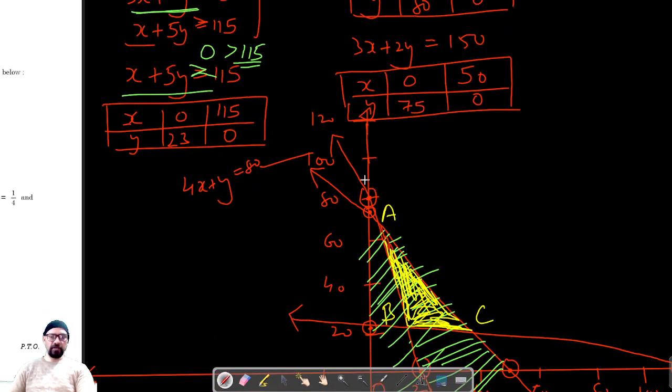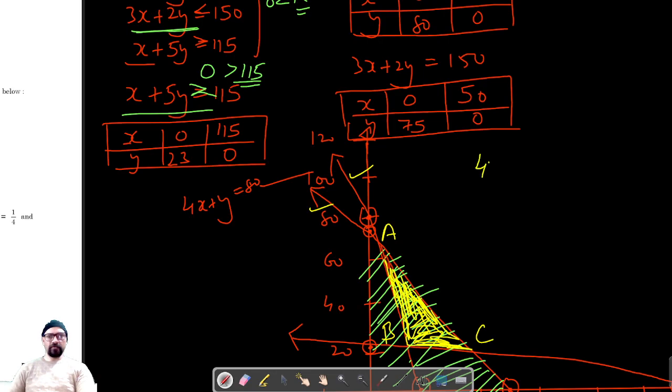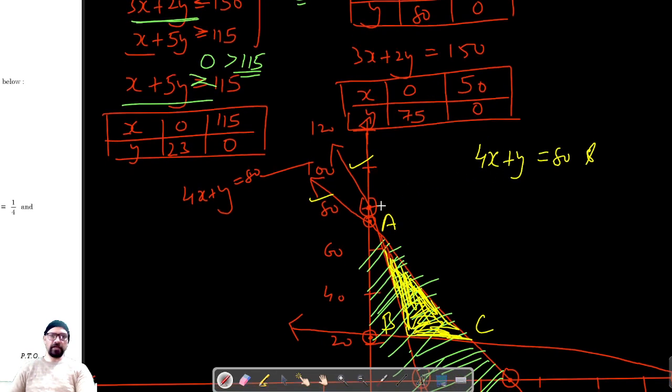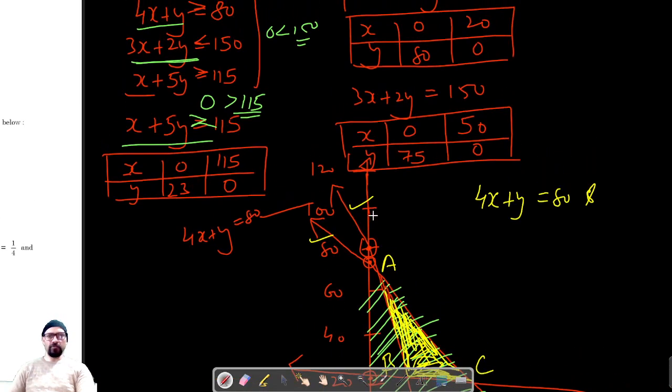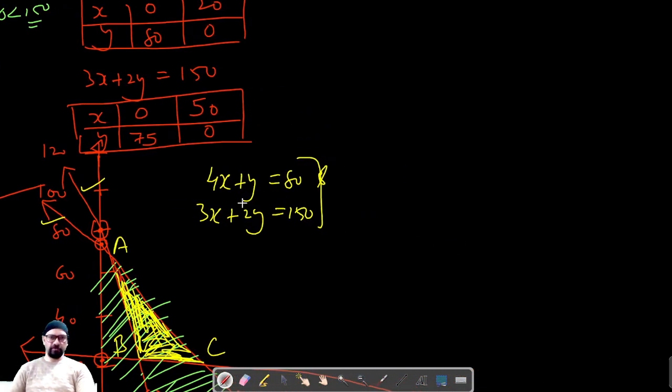A is the intersection of 4x plus 5y is equal to 80 and 3x plus 2y is equal to 150. Let's try to solve this: 12x plus 15y is equal to 240. Solving them.